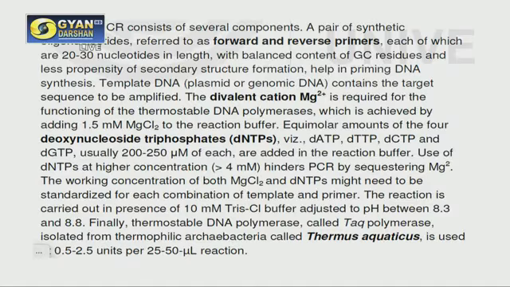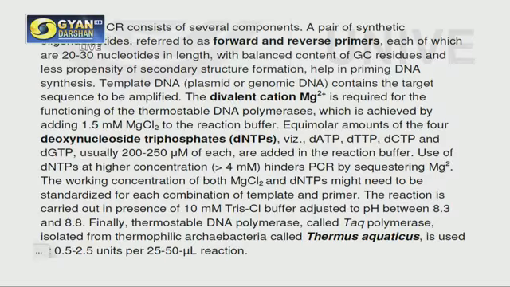The primer designed from the 5' to 3' end is the forward primer, and the primer designed from the 3' end is the reverse primer. So you have to check the sequence of the gene, and accordingly prepare the forward primer and the reverse primer. This is the first step.